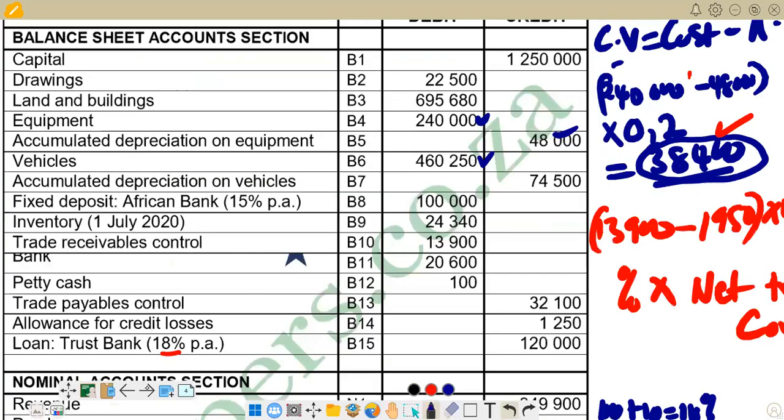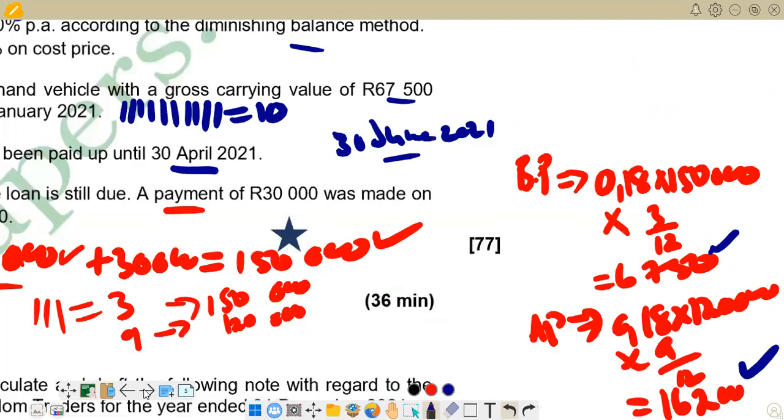Right, if you come here, here's the calculation that we made in terms of before and after. Let's check in terms of the loan payments. Where are they? This calculation. If you say 0.18 times 150,000, let's try to recalculate to check if these figures are correct. 0.18, then multiply by 150,000. Then we multiply by 3/12. You get 6,750.